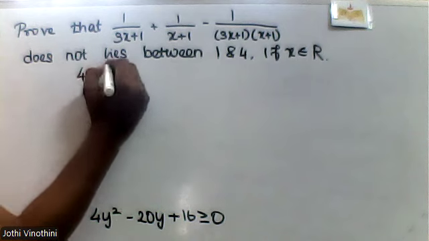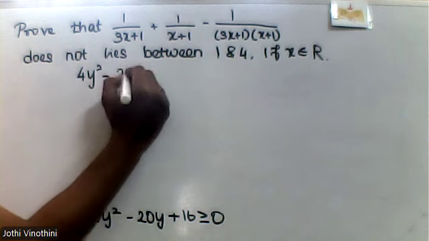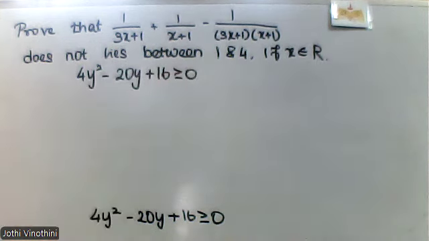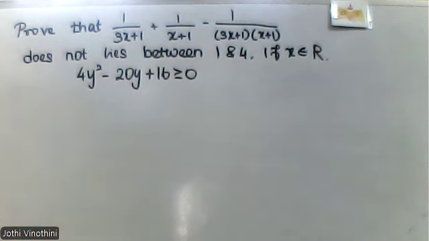So what we get is 4y squared minus 20y plus 16 must be greater than or equal to 0. Right. Now, all the terms are multiples of 4, so I am going to take 4 as common.